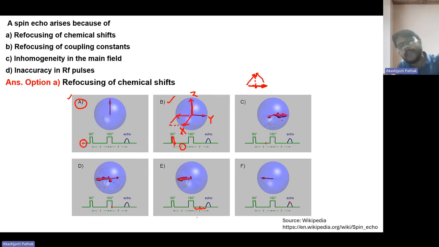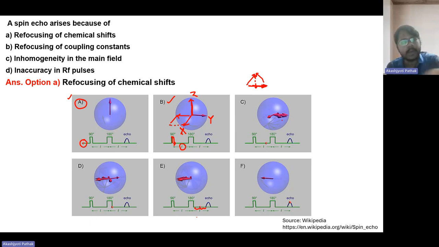But now they will not dephase like before. Because it has got inverted, the dephased nuclear spins will again refocus to a single point in the y-axis.